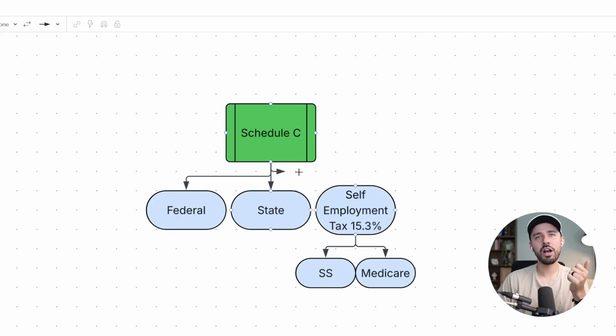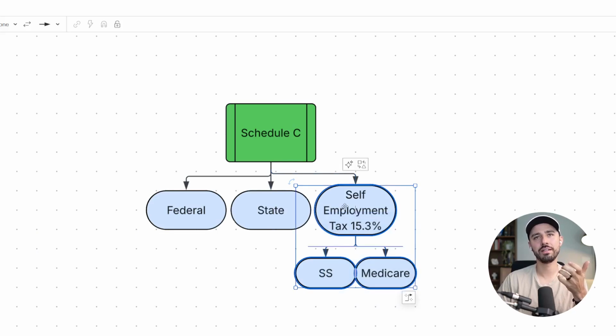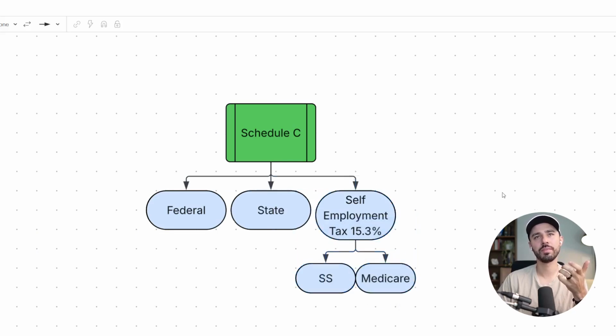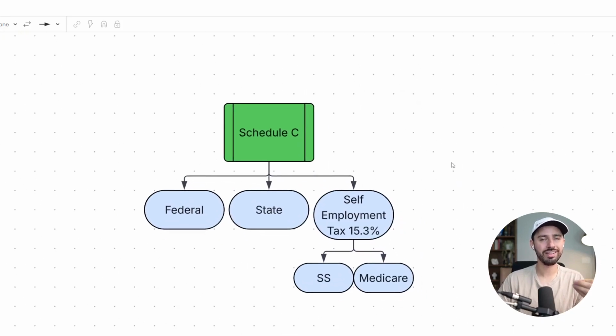The tax that shocks them the most is this self-employment tax at 15.3%. So let's put math into place here. If I do $100,000 of profits in my real estate agent brokerage as a 1099, I'm going to pay federal and state, but I'm also going to pay this 15.3%.